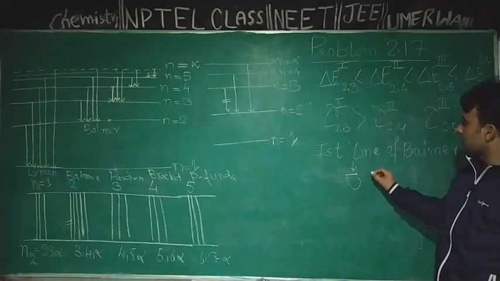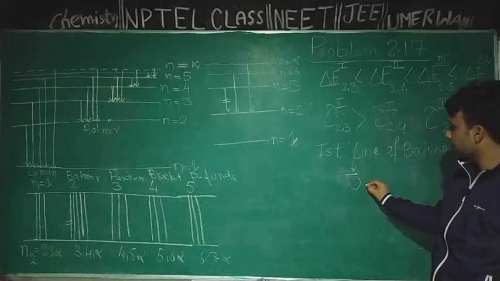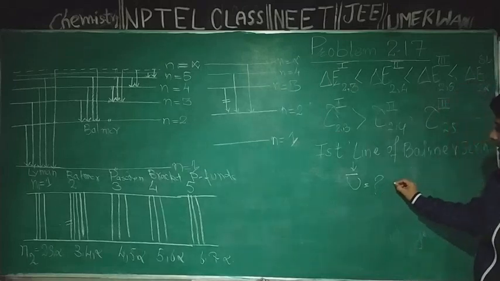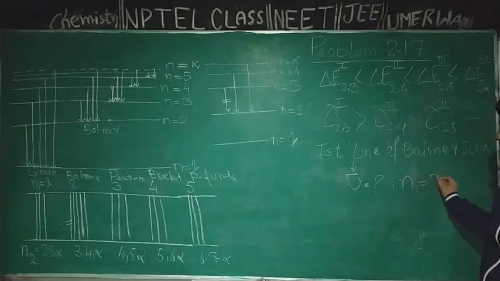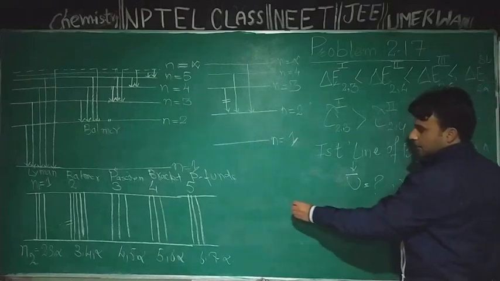Let me identify N1 and N2 here. For the Balmer series, the lower energy level, N1, is always 2, and the higher energy level for the first line is 3. Now I will use the Rydberg equation.